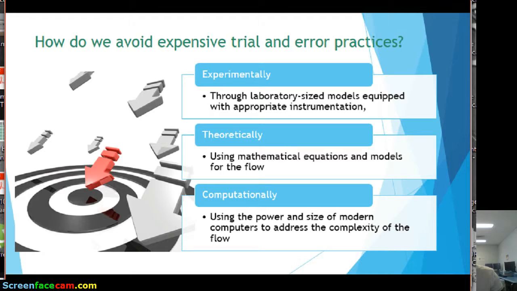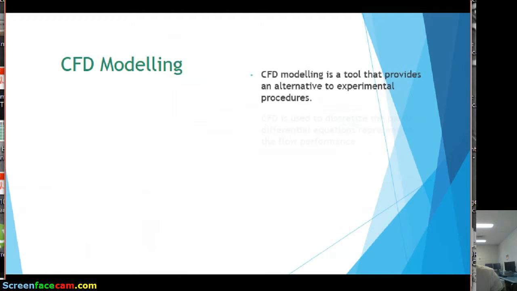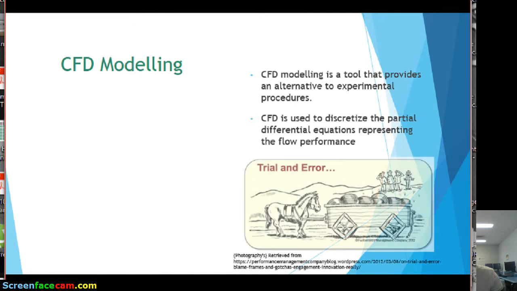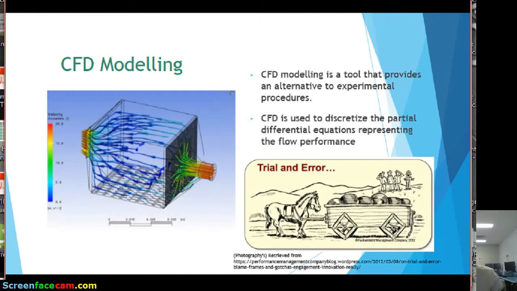So we can do this either experimentally, theoretically, or computationally. To do this computationally, we use CFD. So CFD is a complex tool, but allows us to visualize and analyze the results of possible solutions and particular cases, supporting decision making and avoiding potential consequences of trial and error practices.